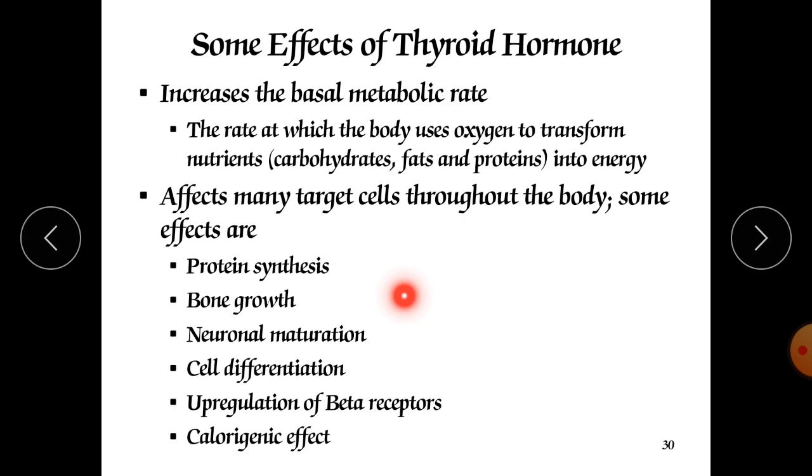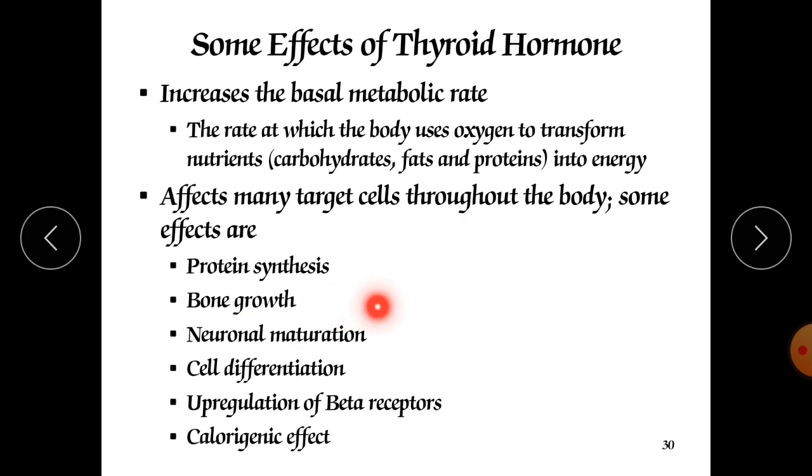So mental retardation will occur, and bone and skeletal growth are also going to be hindered due to the lower secretion of thyroid hormone. So this thyroid hormone is very essential for bone development, for the development of your stature. Your body structure is going to be developed by this thyroid hormone.